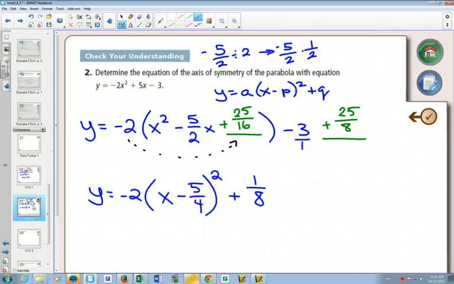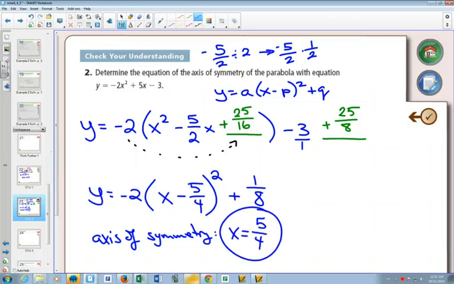The question asked, what was the axis of symmetry? x equals 5/4. Because our vertex, right, our vertex would be 5/4, 1/8.